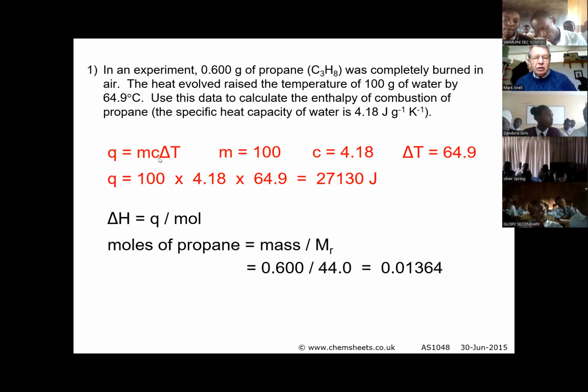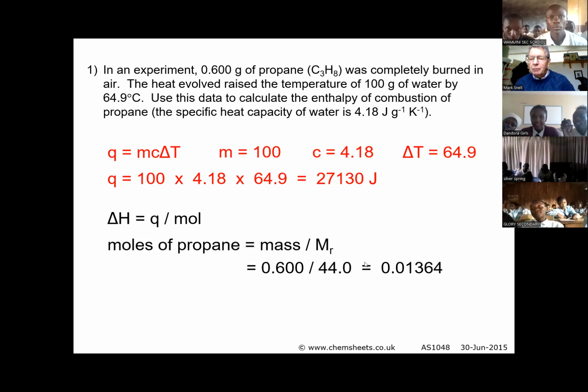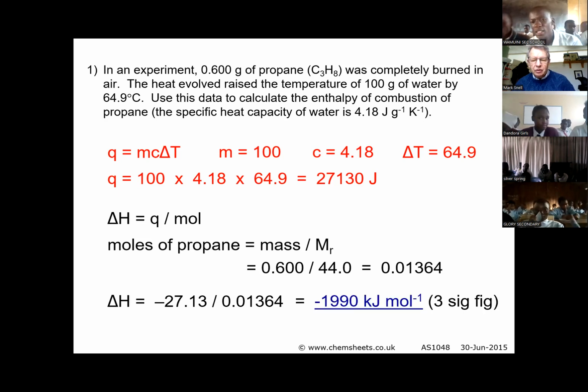Okay. So then we say, okay, if the delta H is Q over the moles, then it is 27,130 divided by 0.01364. And that gives me the answer of minus 1990 kilojoules per mole, or minus 1,990,000 if you had it in joules, but it should be in kilojoules.